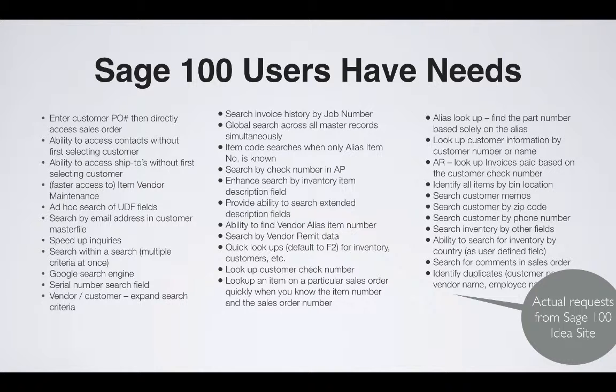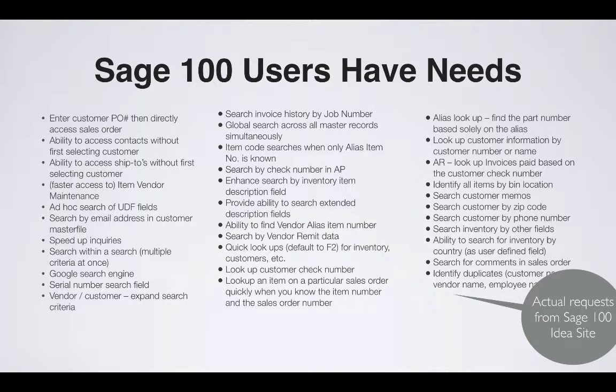Some of you might have seen this screen before from earlier presentations, but Sage has an idea site, right? They maintain a Sage 100 idea site, and one of the things that we notice is that people are not able to access basic information as quickly and easily as they would like. That's really the theme that runs through this list of actual feature requests in the Sage idea site.